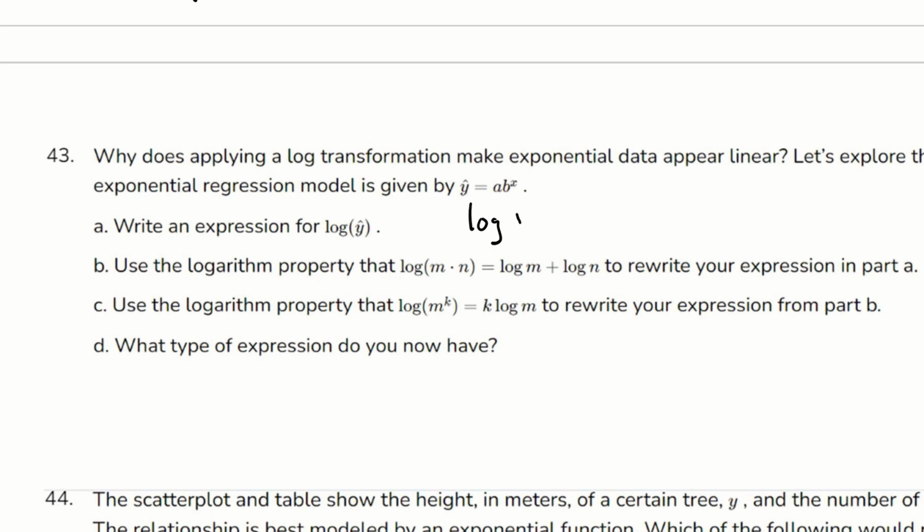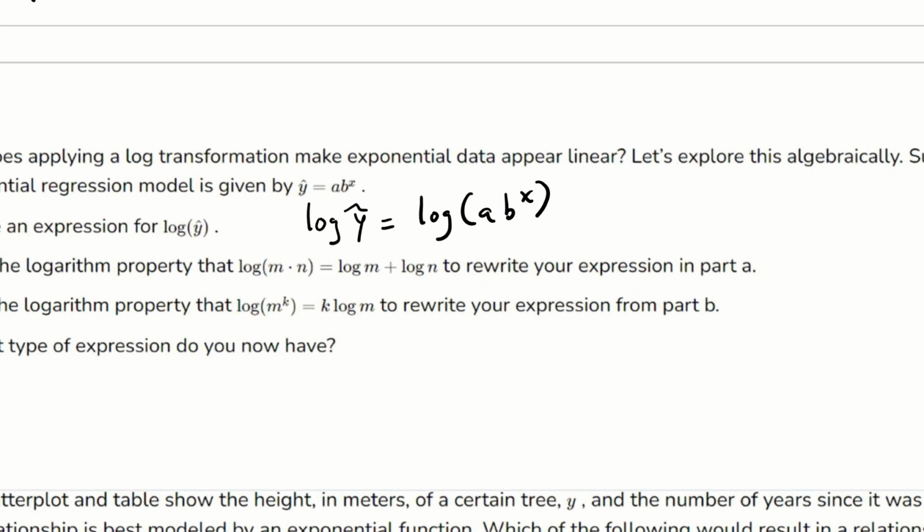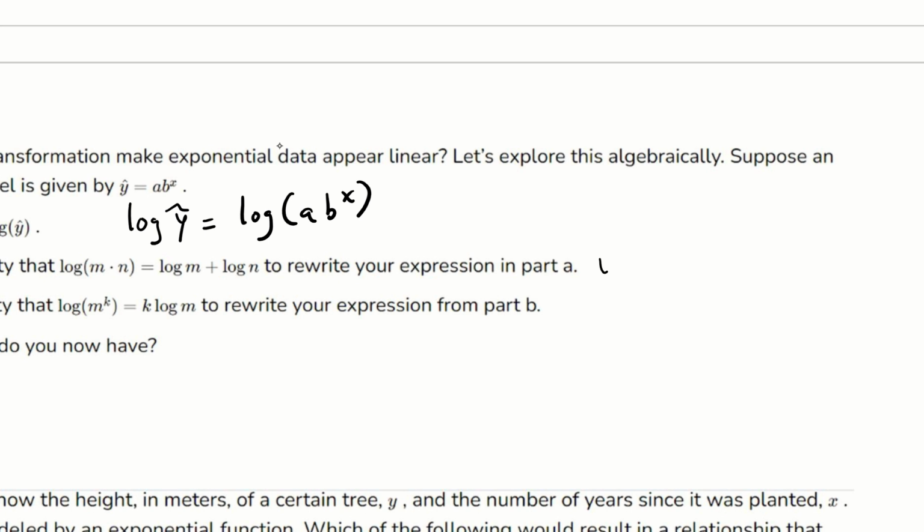So log of y hat equals log of a b to the x power. And if I use this property for this part, then I get log of y hat equals log of a plus log of b to the x power. And then use this property where you bring the power down.